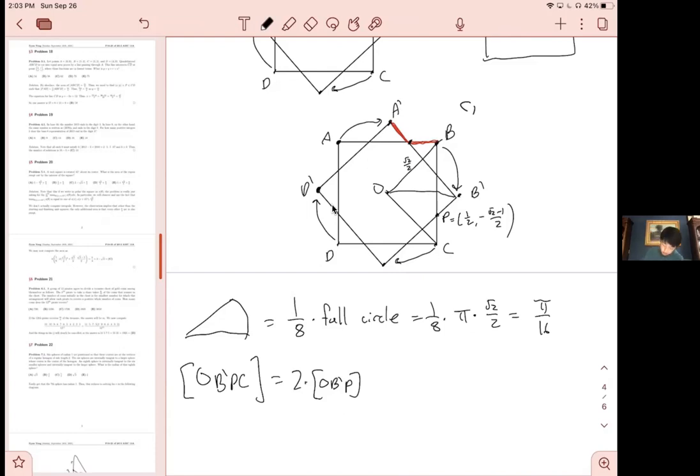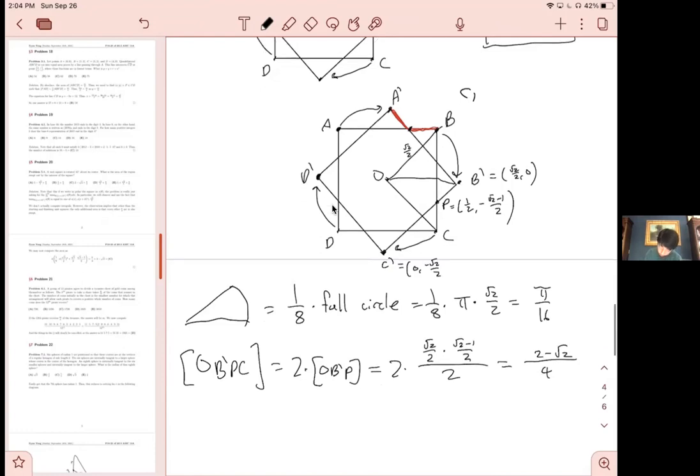Because we have that along this line, B prime, C prime, the difference between X is √2/2 more than the Y coordinate. And so because of that, the area of OBP prime will be 2 times the base, which is √2/2, times the height, which is √2 minus 1/2, all over 2, which will be equal to 2 minus √2/4.